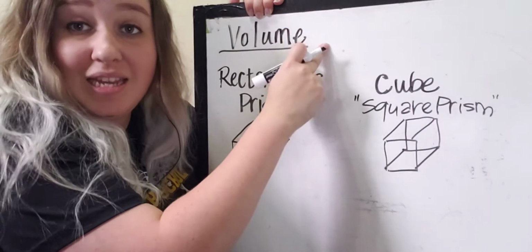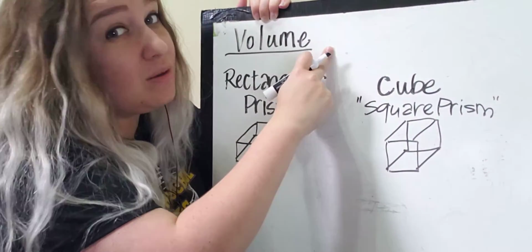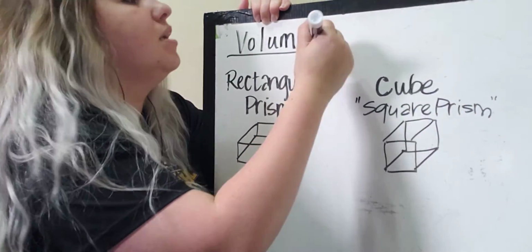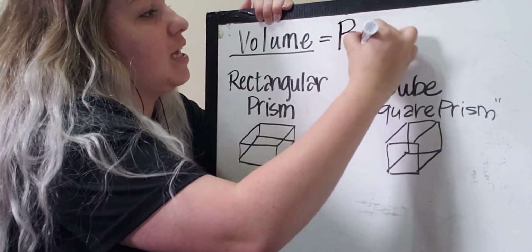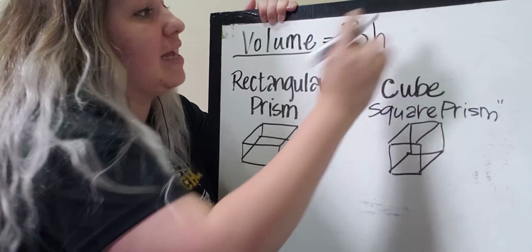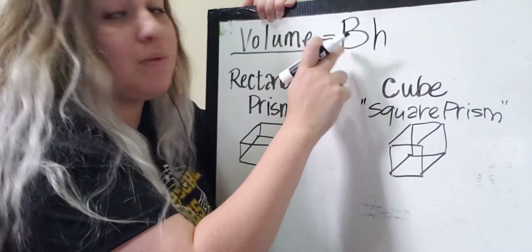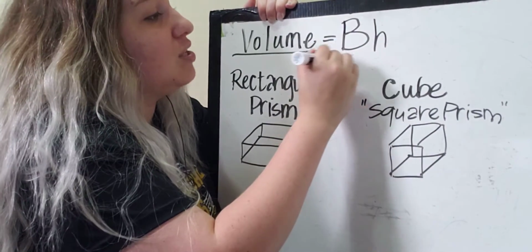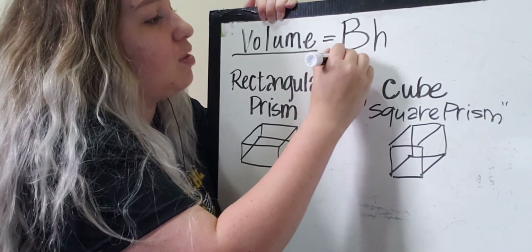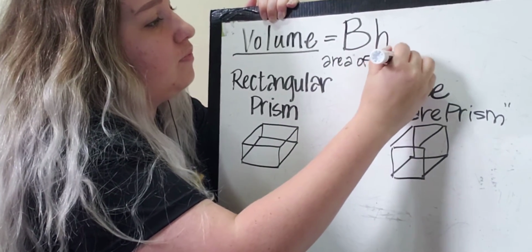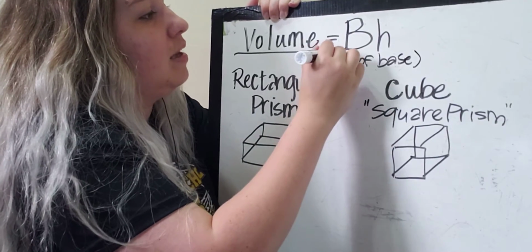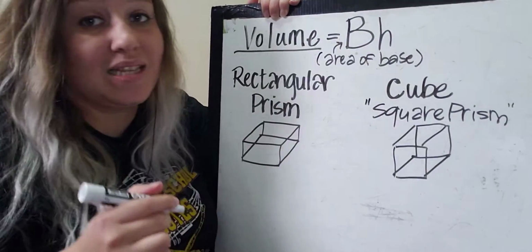Now the key to volume in almost everything, except the last one, is volume is equal to capital B times height. Now we know B is base, but when it's a capital, it actually means area of the base. Okay, area of the base.